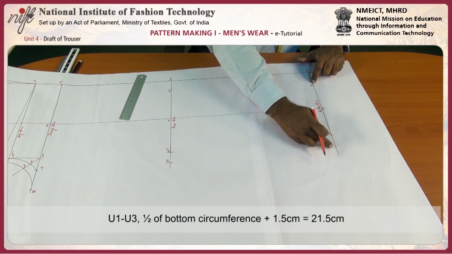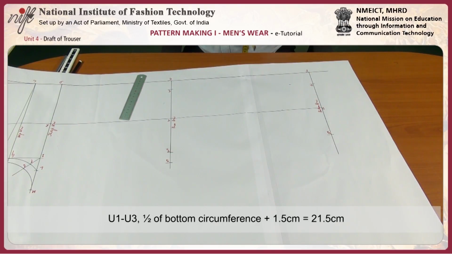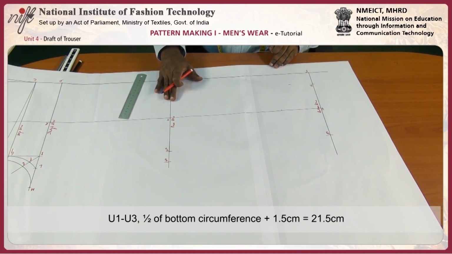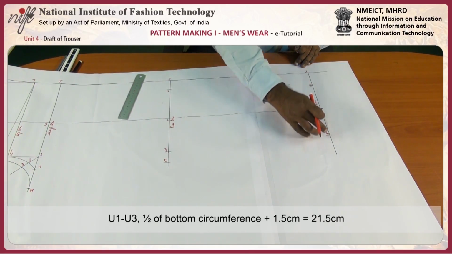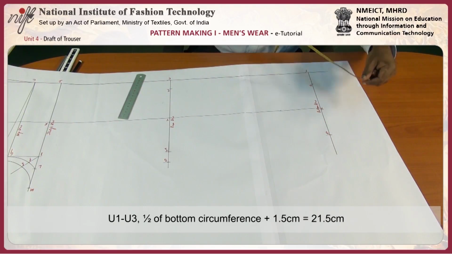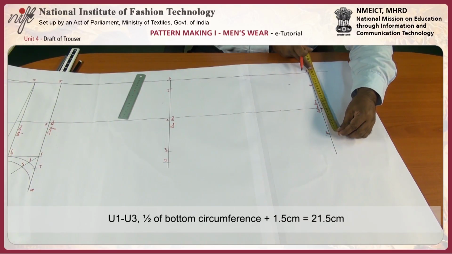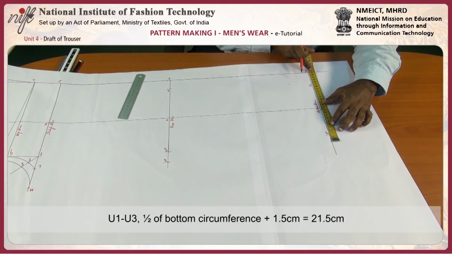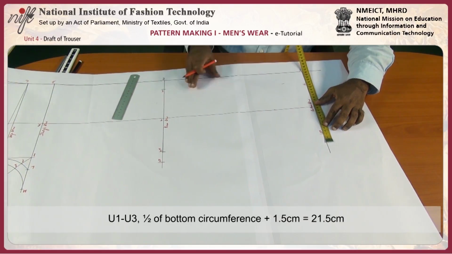U1 to U3, half of bottom circumference plus 1.5 centimeter, total will be 21.5 centimeter. The formula of distribution of knee circumference and bottom circumference same, but measurement varies. 21.5 centimeter.